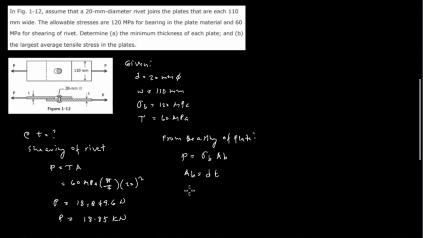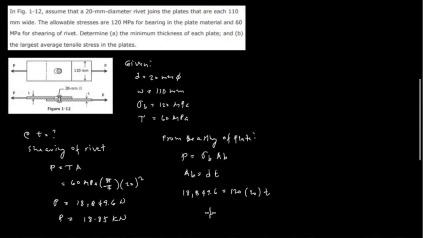And we use P, which is 18,849.6, is equal to the bearing stress, which is 120 megapascal, multiplied by the area of the bearing, which is the diameter, 20 mm, and the thickness.